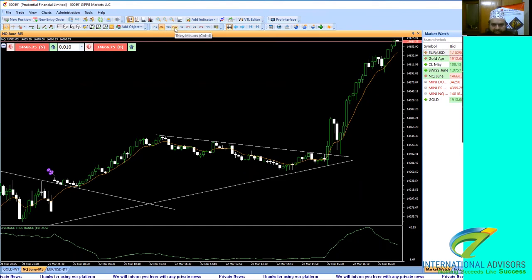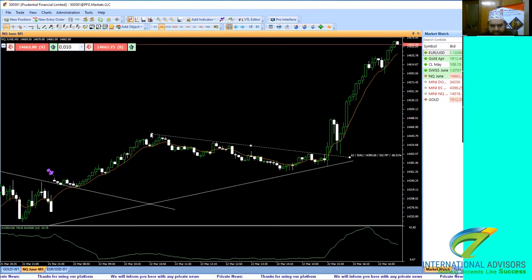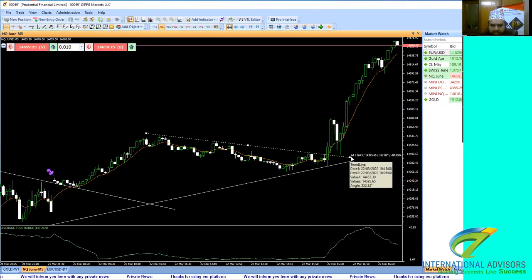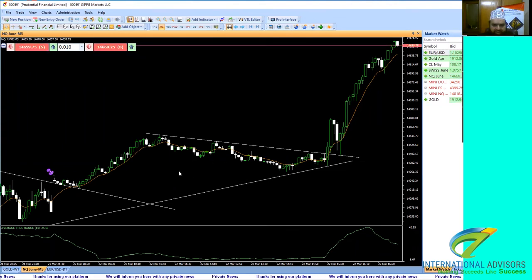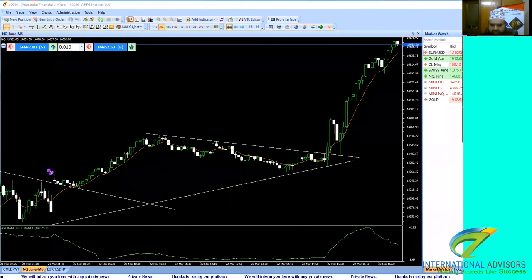And the trend line that we drew in 30 minutes, you can see in 5 minutes also it is more or less the same. One thing is that when you draw any trend line in a time frame and then change the time frame, you need to adjust it a little. For example, let me see here, this one.